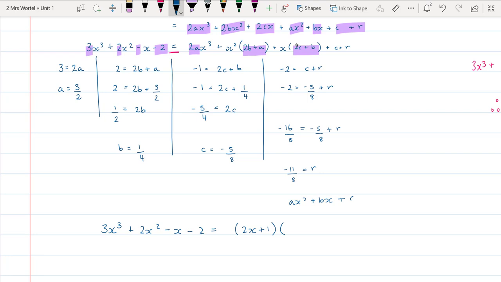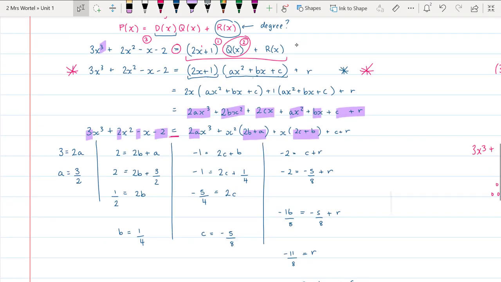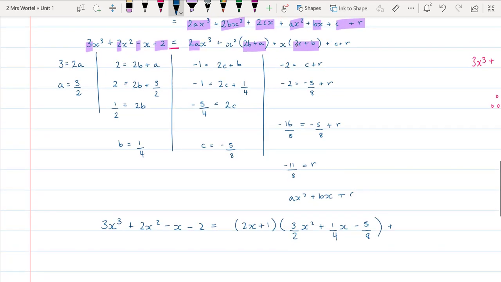I know my a, b, and c values now: 3 on 2 x squared plus 1 over 4 x minus 5 over 8, because my c is a negative. And then the last thing was a remainder, and I worked out that my remainder was negative 11 on 8.